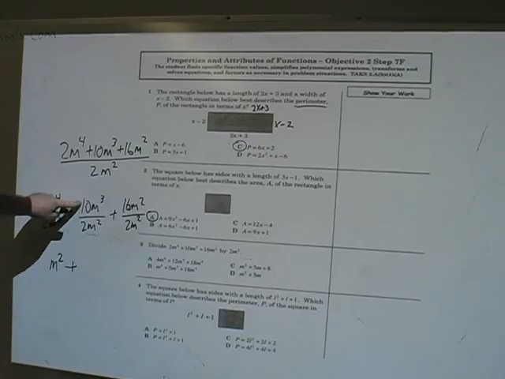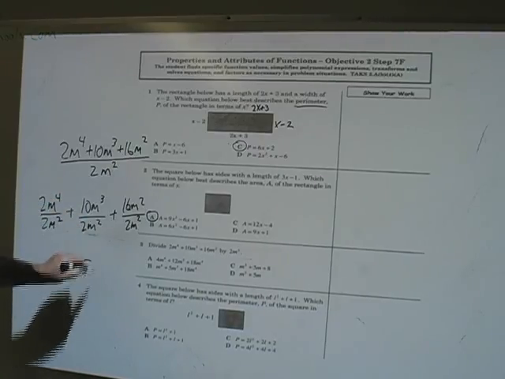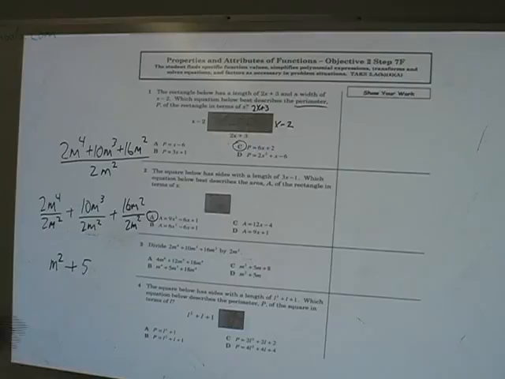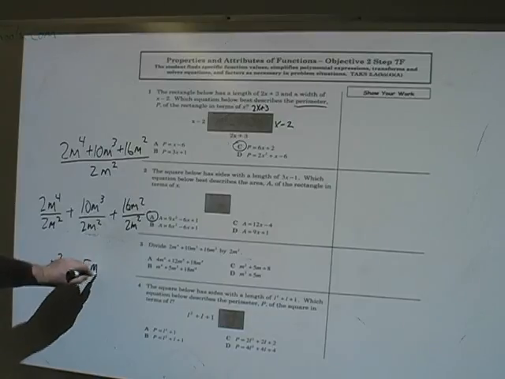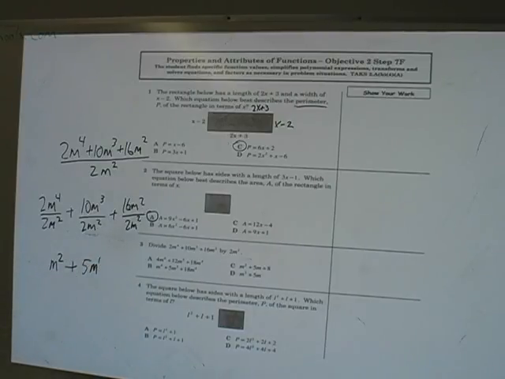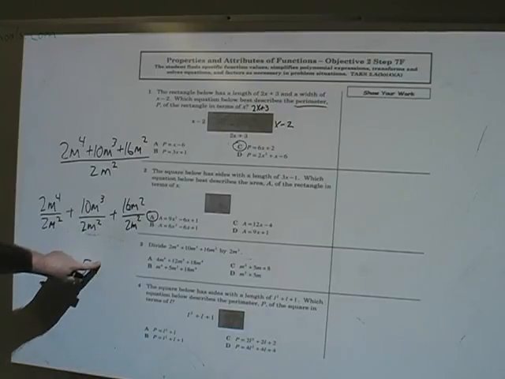Plus 10 divided by 2 is 5. M to the third divided by m squared. Subtract exponents. M to the first. But m to the first is the same thing as just m.